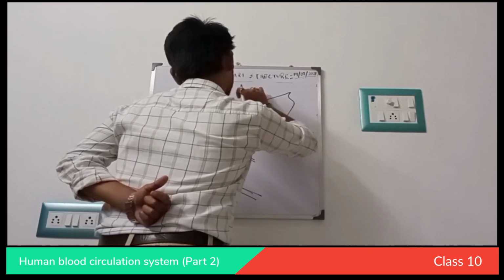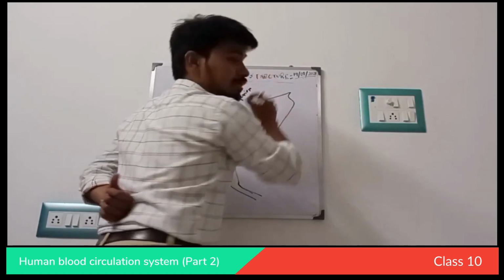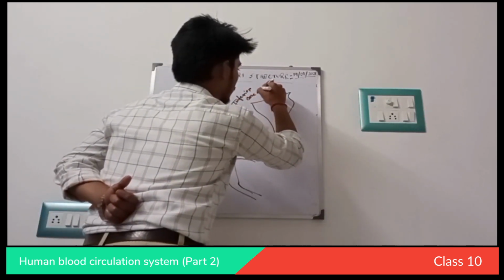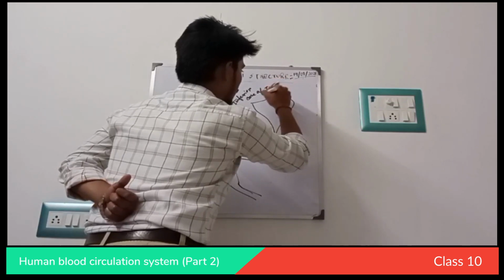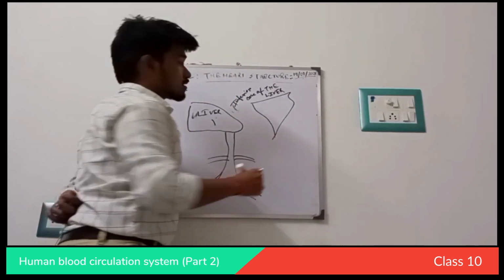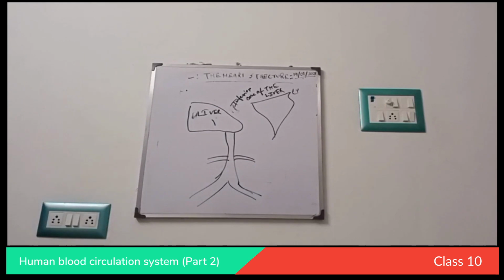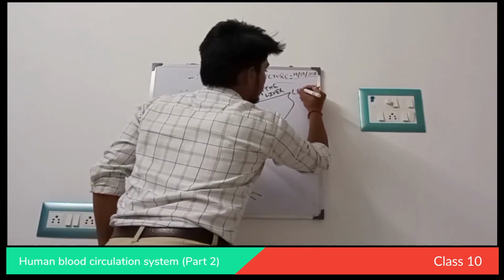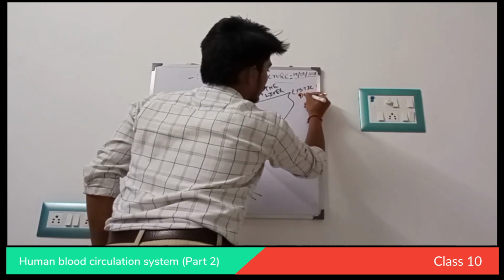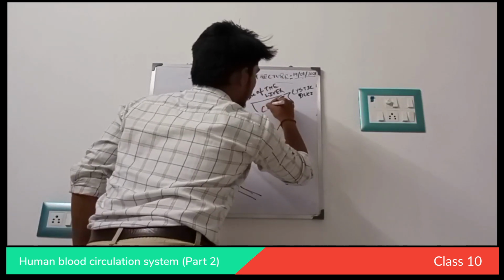The upper border is the inferior surface of the liver, the medial surface is the cystic duct, and the inferior surface is the common hepatic duct. That is known as Calot's triangle.